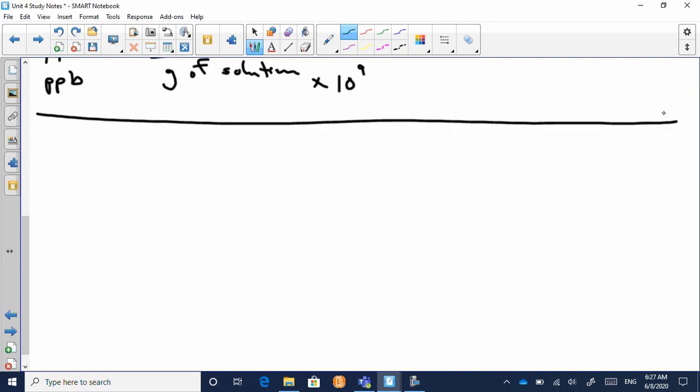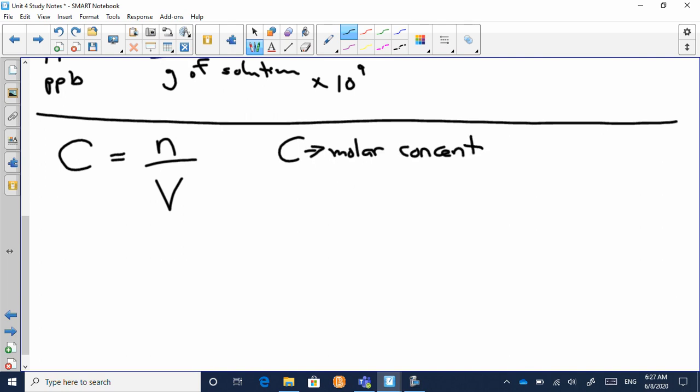Okay, so the last concentration formula we learned was this one. The molar concentration is C equals n divided by V. So just listen to this. C, remember, is what we call the molar concentration, and it is in moles per liter.